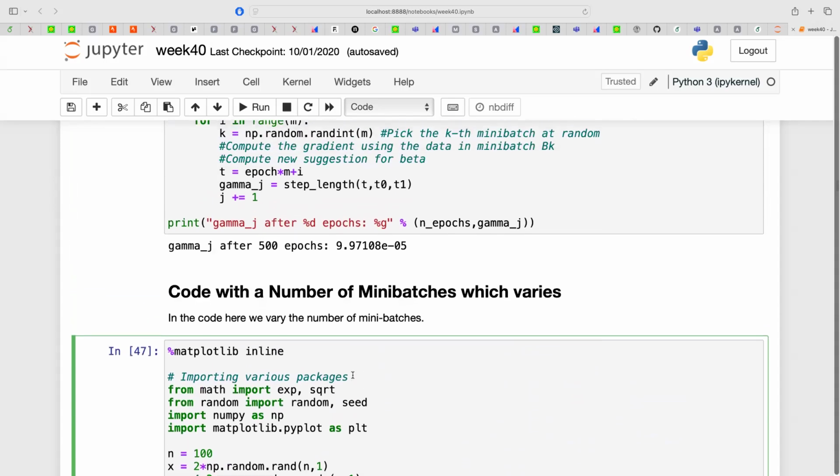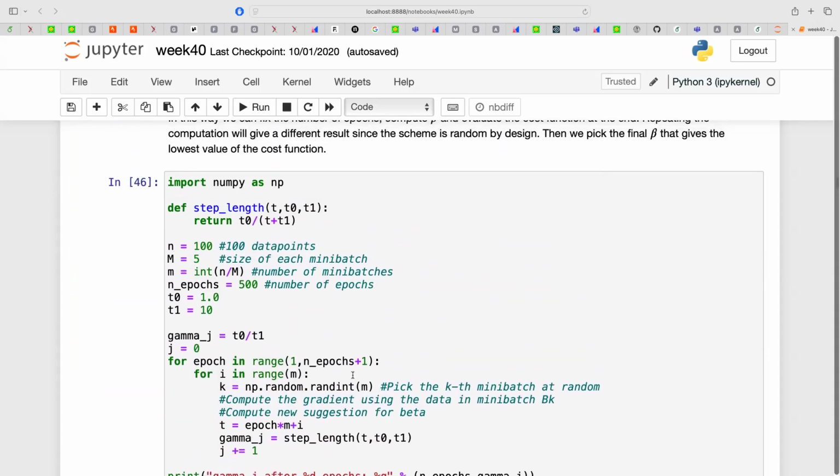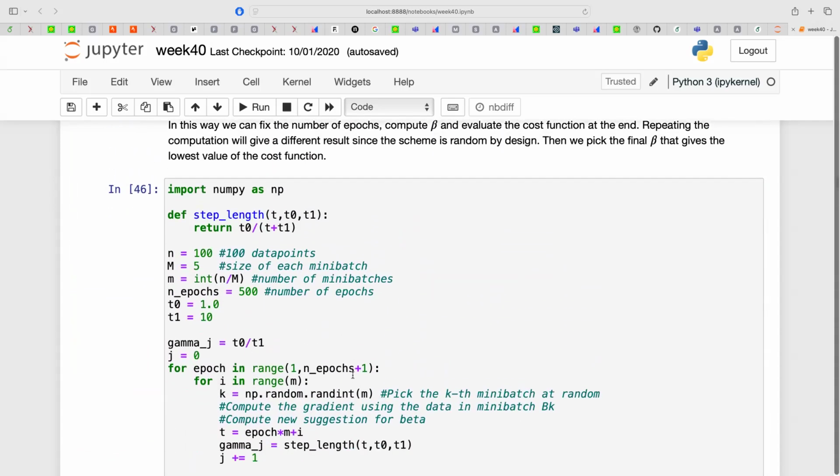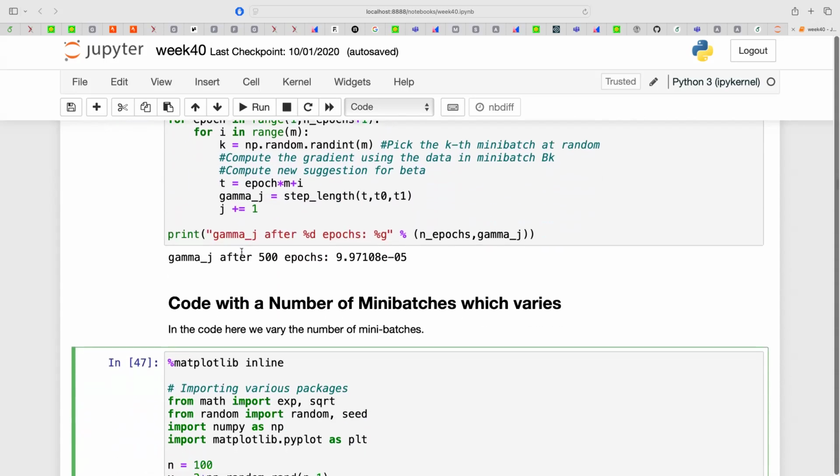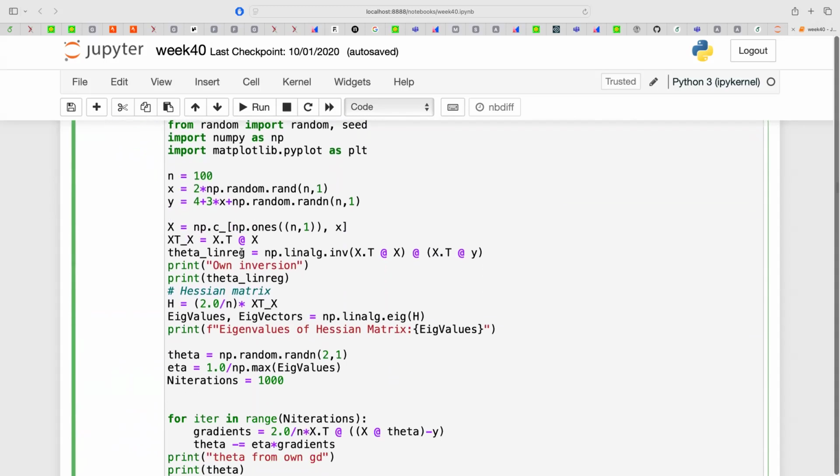The learning rate gets changed according to this formula, where T0 and T1 are parameters which you need to fix. Now, this is not very elegant, and it's something which has been abandoned.